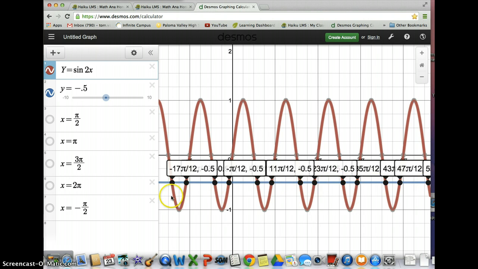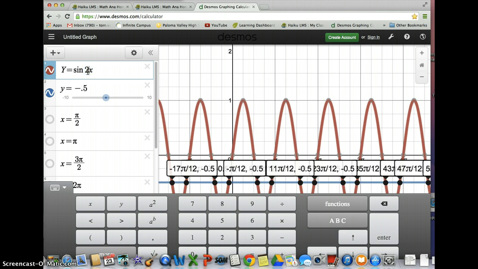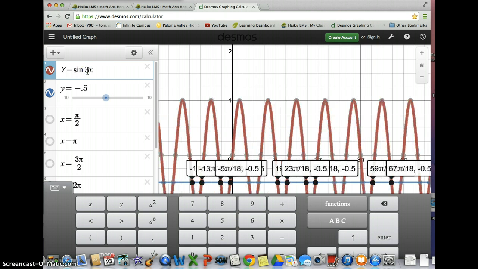So look at all these answers that would be possible if that was a 2. If there was a 3, it just keeps going, more and more answers. The sine wave is getting shorter. Okay, hope this helps you as we get into multiple answers.